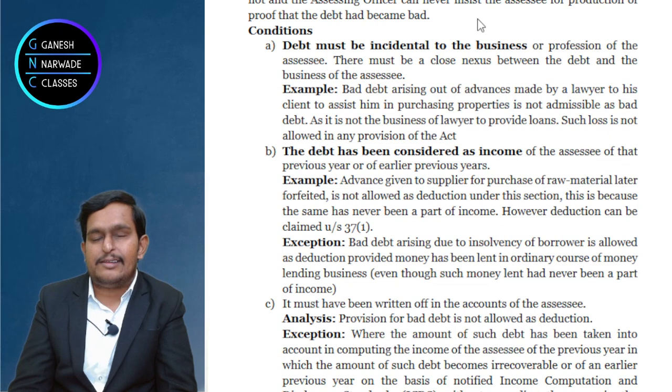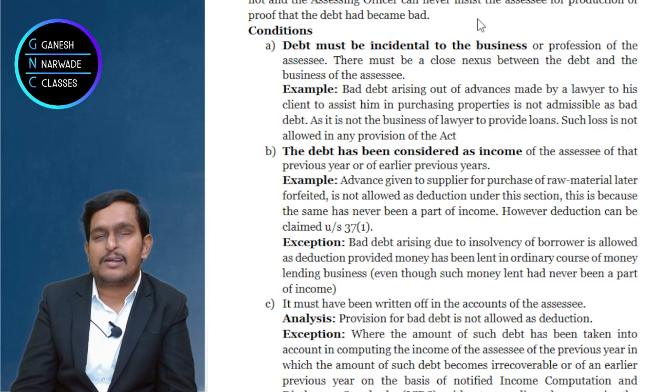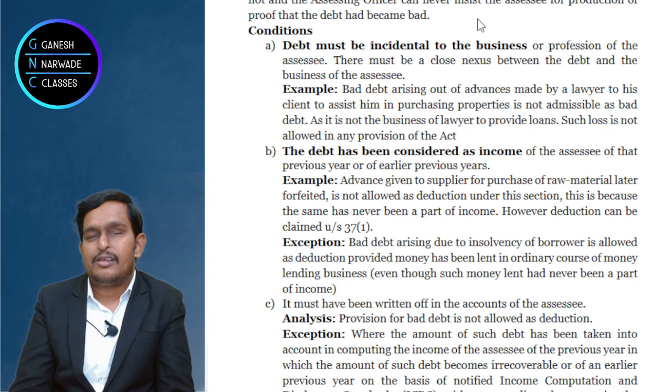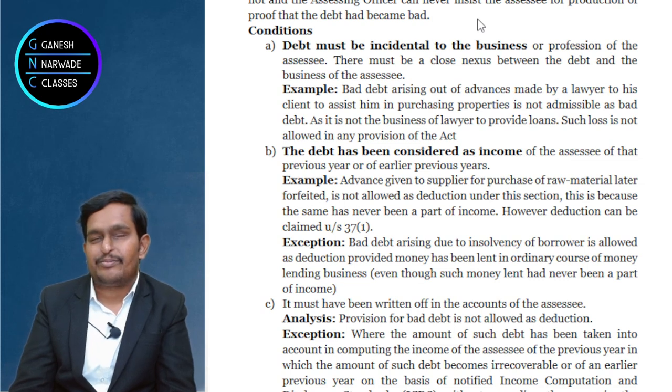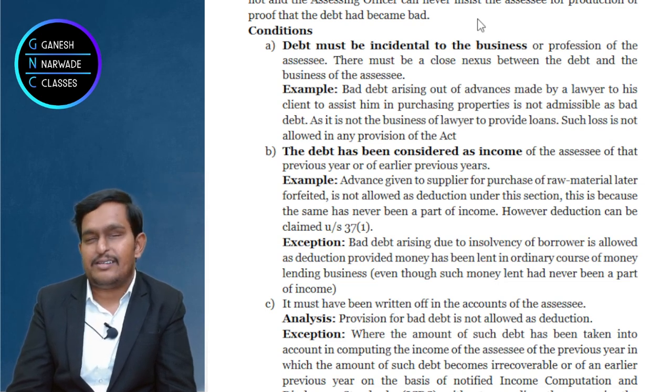Because it is in the course of business, because it was considered as income, because it was written off as bad in accounts, because it is revenue in nature, all conditions are satisfied. So you can claim the default by Imtiaz as bad debts, nothing wrong with it.